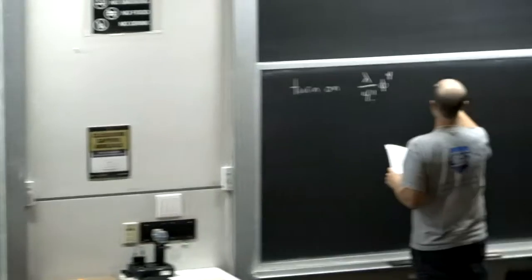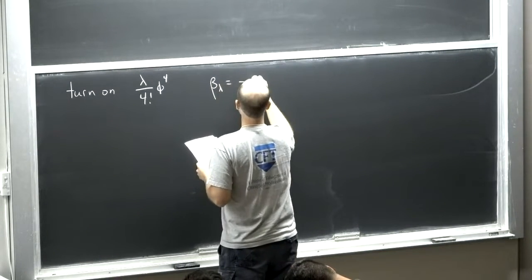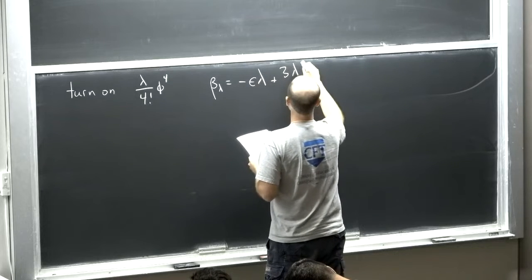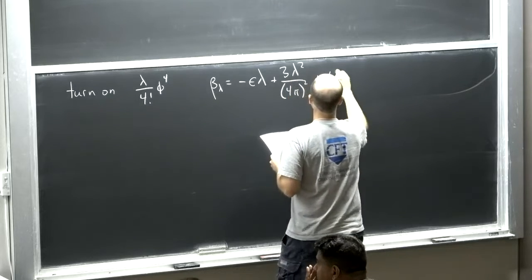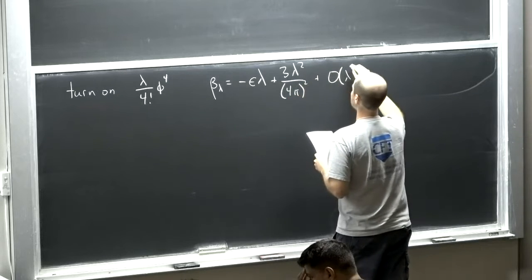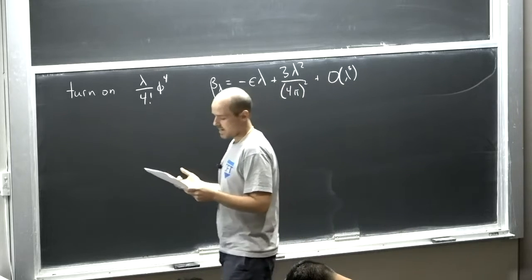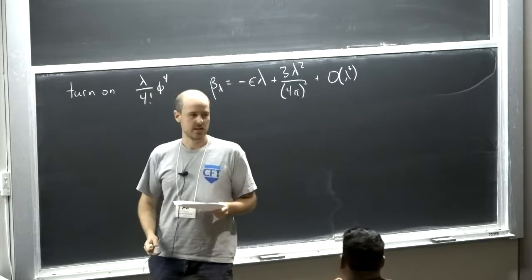As a reminder, the beta function in d dimensions is minus epsilon lambda plus this famous 3 lambda squared over 4 pi squared, plus higher order in lambda. So we're going to turn on interactions and ask whether we can still make sense of these things.